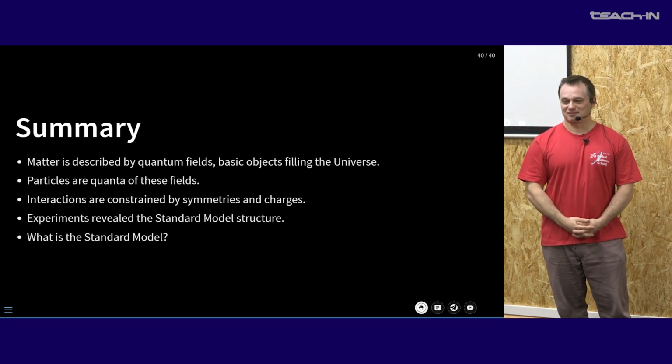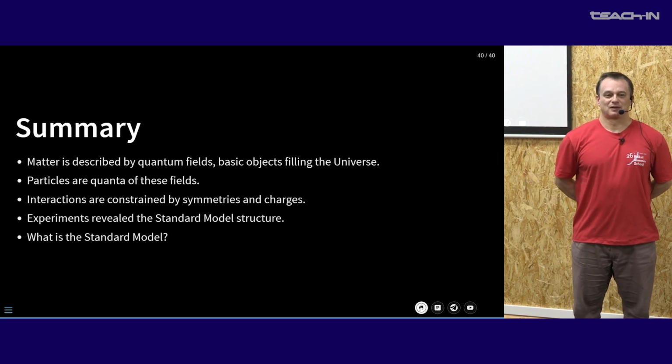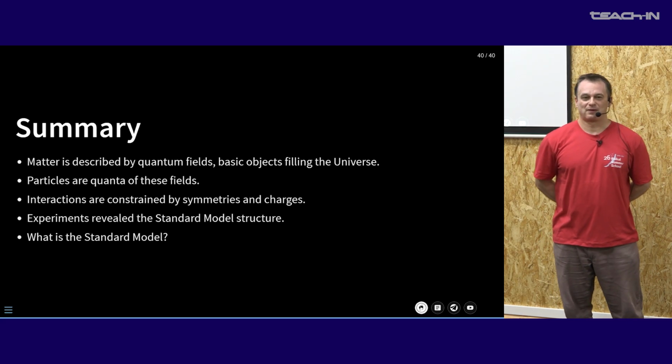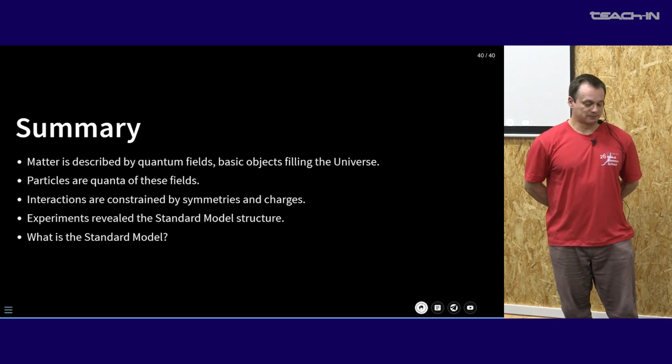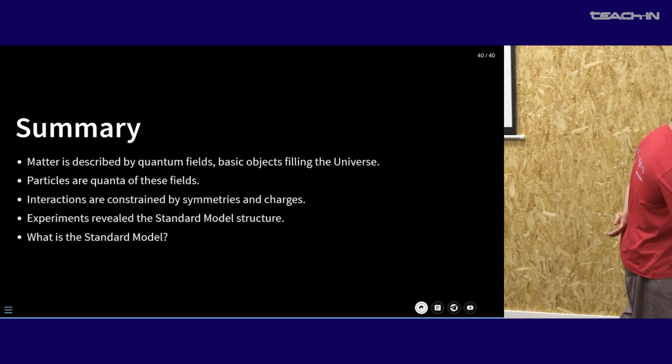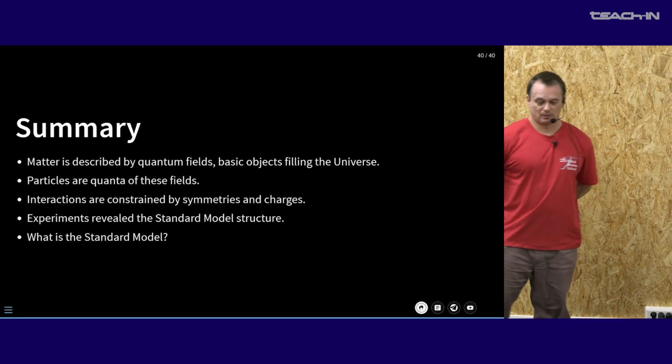Okay, thank you. Okay, thank you for your lecture again. And may I ask two questions about the last topic you talked about? You said that infrared divergences always cancel out.